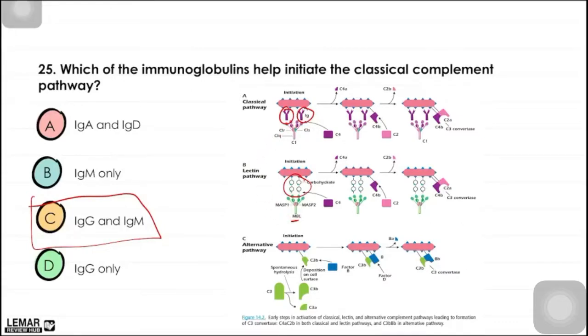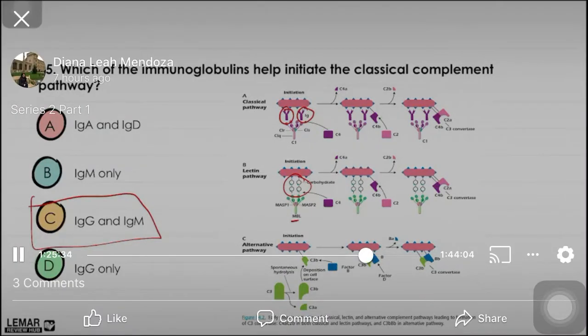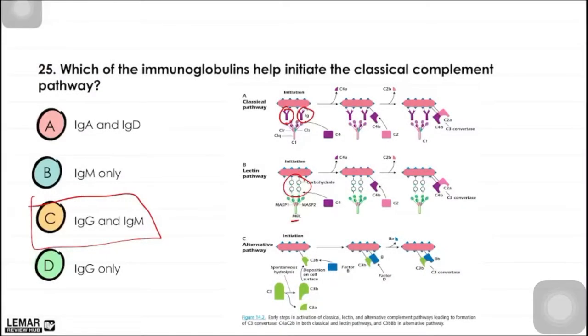We have your ficolin, although not shown here. This has a structure similar to MBL and can also bind to carbohydrates such as N-acetylgalactosamine and N-acetylglucosamine on microbial surfaces. The MBL and ficolin are found in the circulation complexed with proteases, which we call the mannose-associated serine proteases.